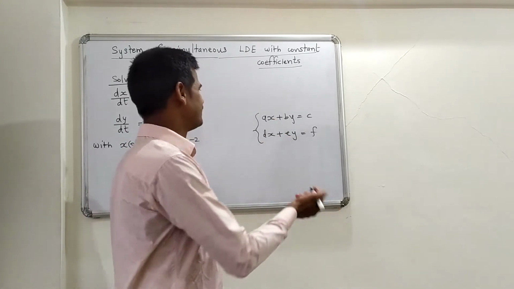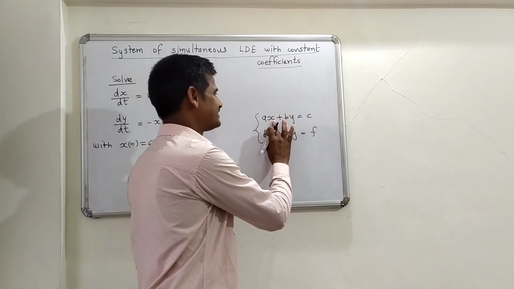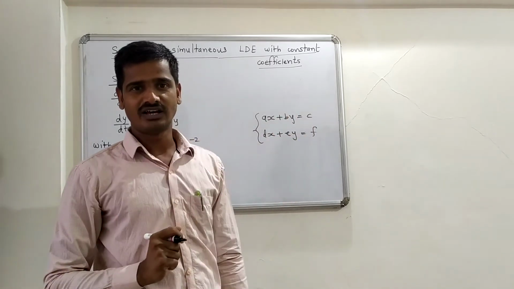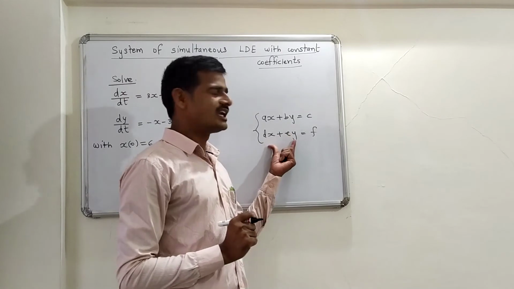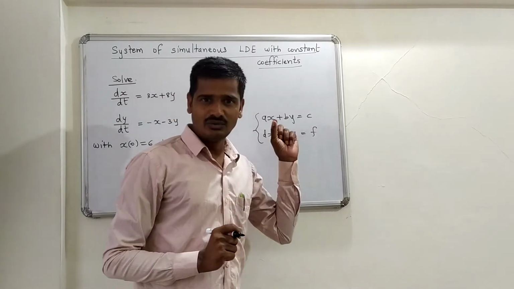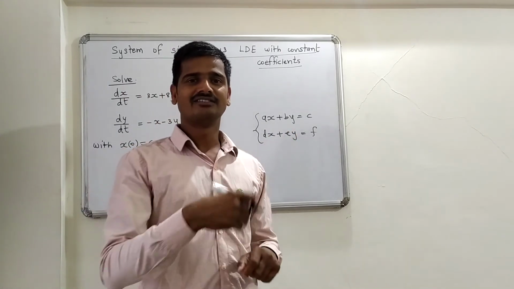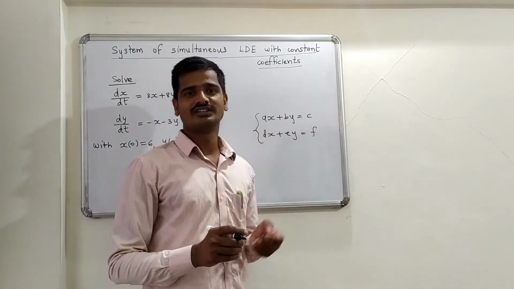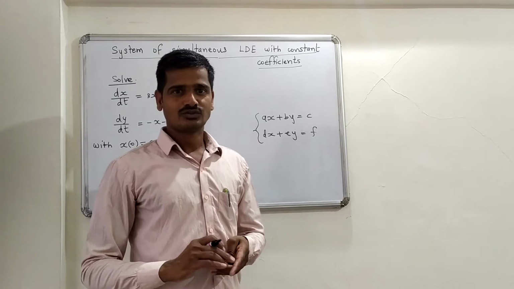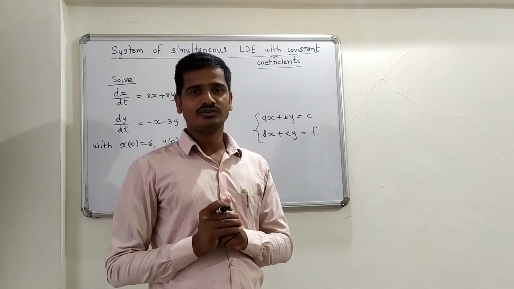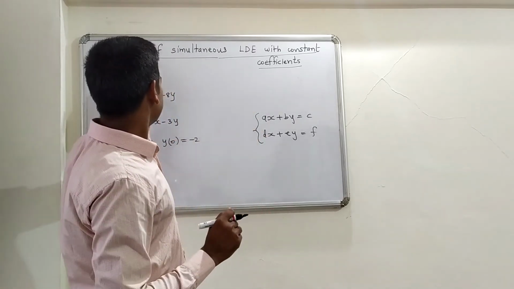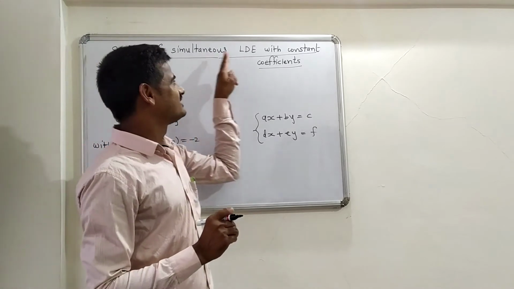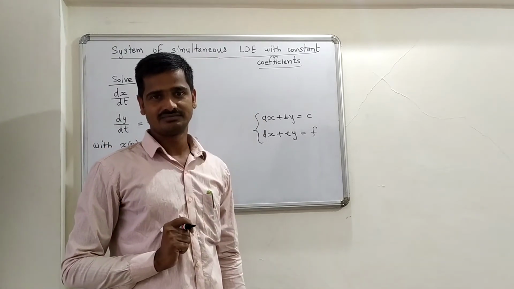This is one way, or you write the value of x in terms of y from equation 1 and substitute in the second equation. Then you will get the value of y and then finally the value of x. So either you use the method of substitution or the method of elimination. The same technique we are going to use to solve this system of simultaneous linear differential equations.